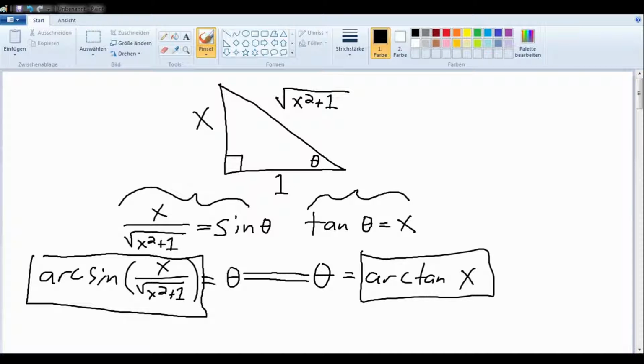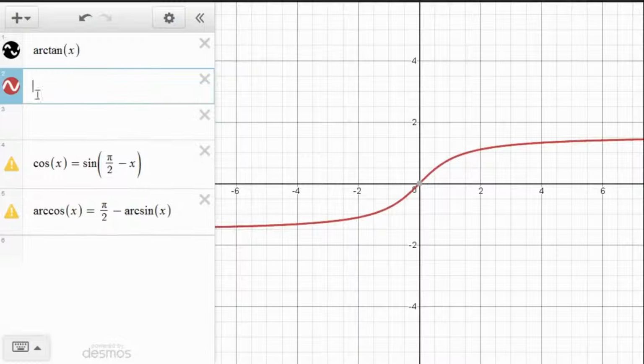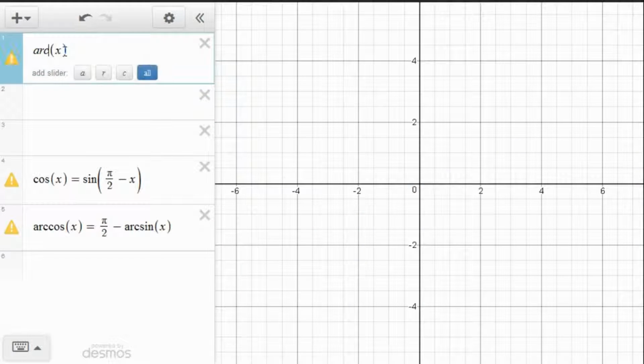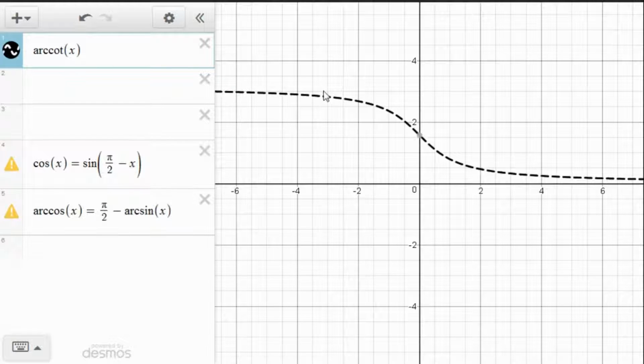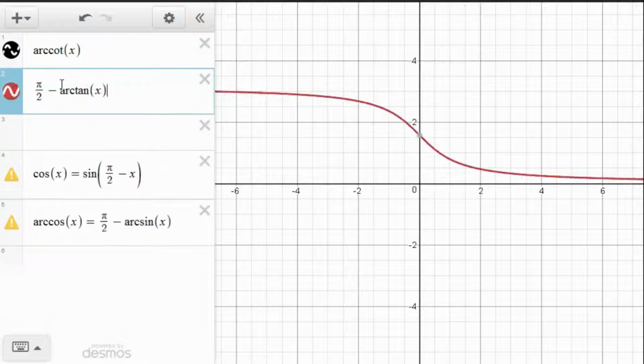So with that, we can return to our graphs and do the one function that we haven't done yet, arccotangent, which gives us this graph. So since those are also cofunctions, tangent, cotangent, we could write that this way, pi over 2 minus arctangent of x, which also gives us the same graph.